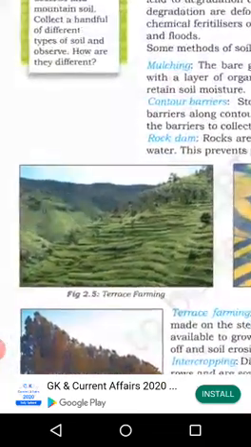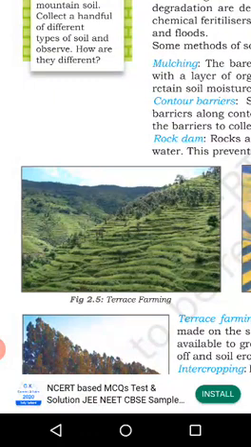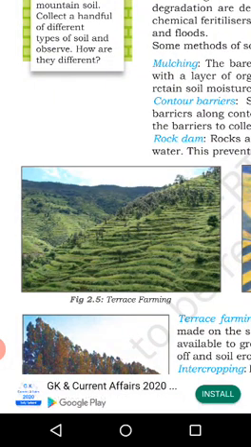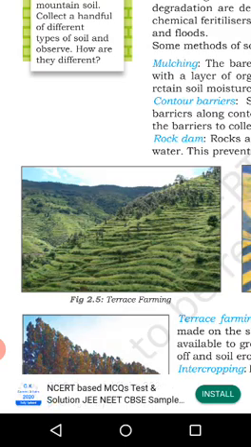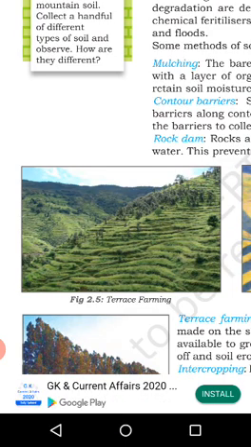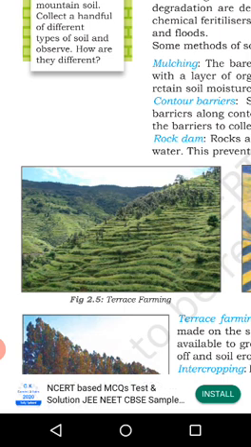This is terrace farming, as you can see. So broad flat steps or terraces are made on the steep slopes so that flat surfaces are available to grow crops. They reduce surface runoff and soil erosion.